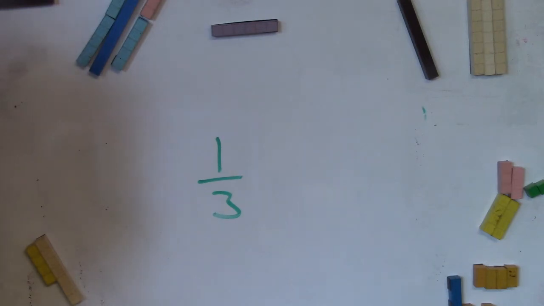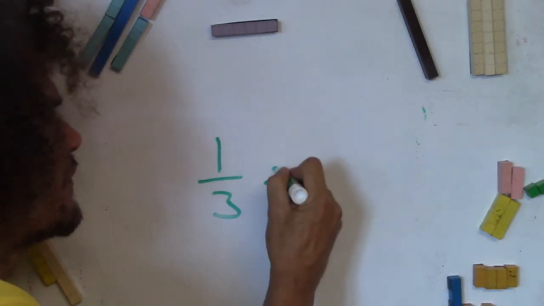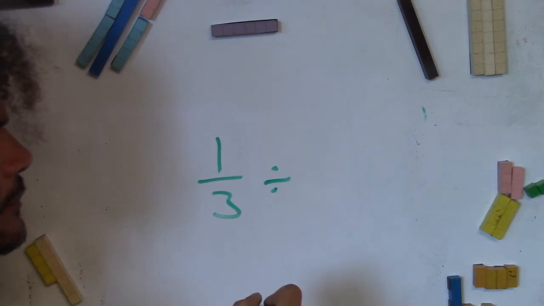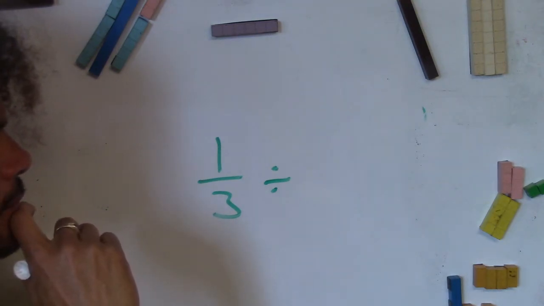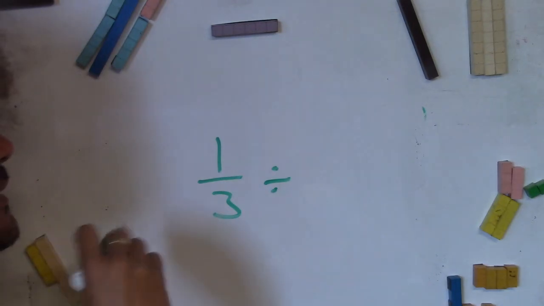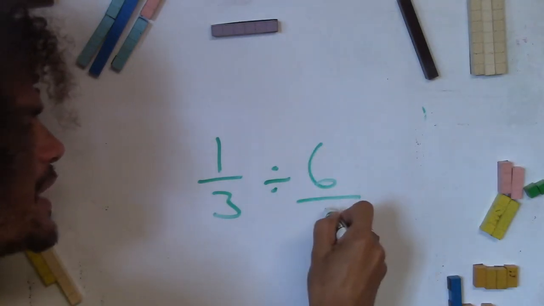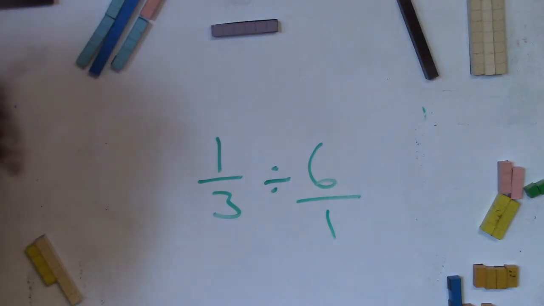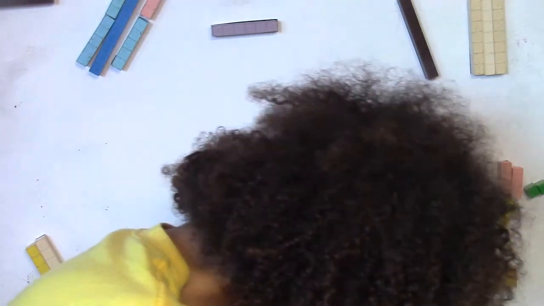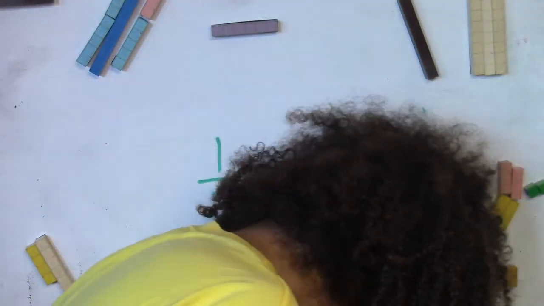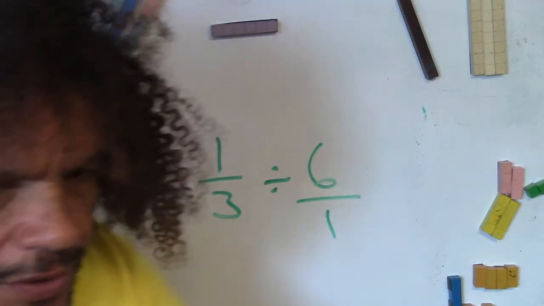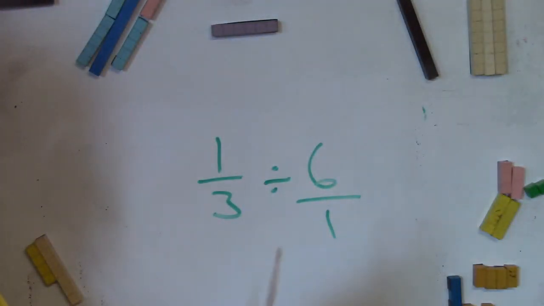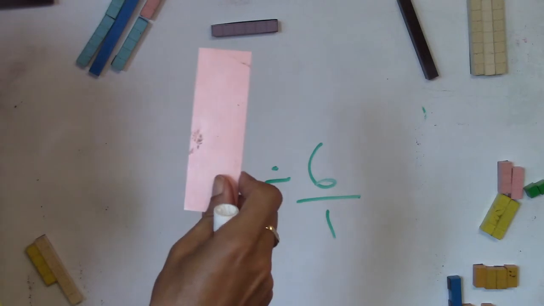Okay, so let's see. I want to take 1/3 and I want to divide it by, let's just take a whole number to start, 6. I got a third.